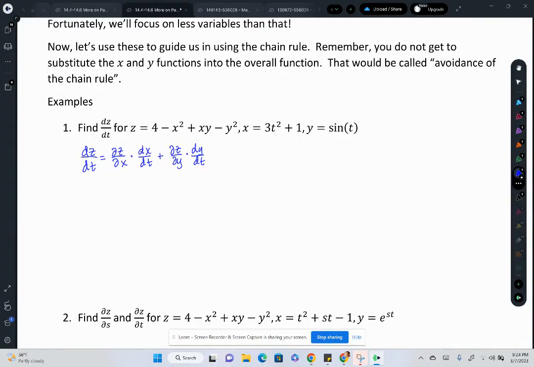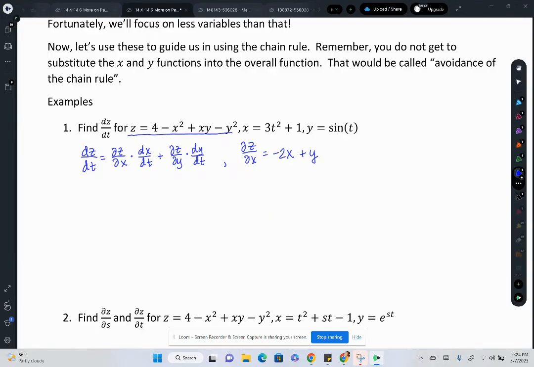That's it, okay? So let's see, del z del x is equal to, if I look at my z function here, the derivative of 4 is 0. The derivative of negative x squared will give me a negative 2x with respect to x. The plus xy will leave me with plus y when that's the derivative with respect to x.